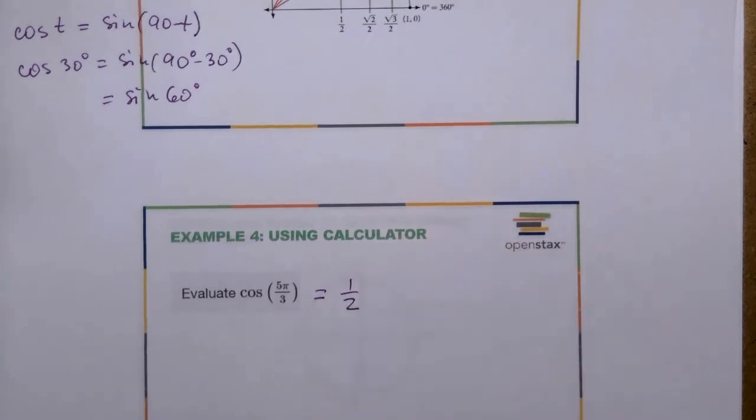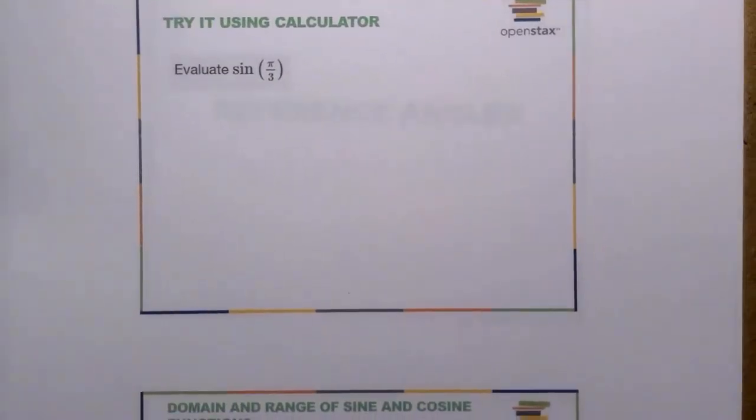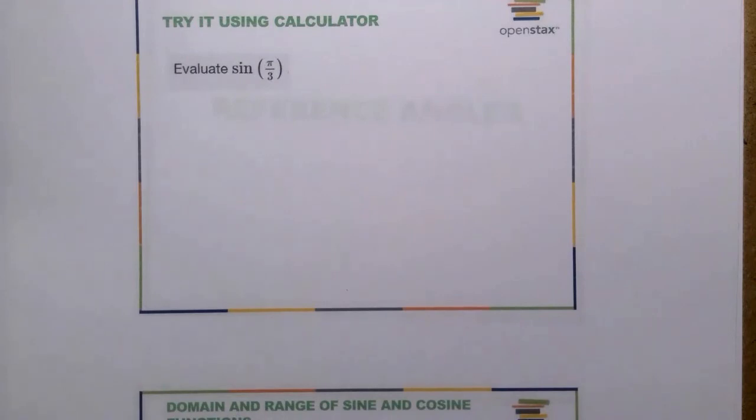So 1/2. Now go ahead and practice using your calculator and evaluate sine of pi over 3. I know that you know what this value is going to be by now, but just for the sake of it, practice using the calculator.